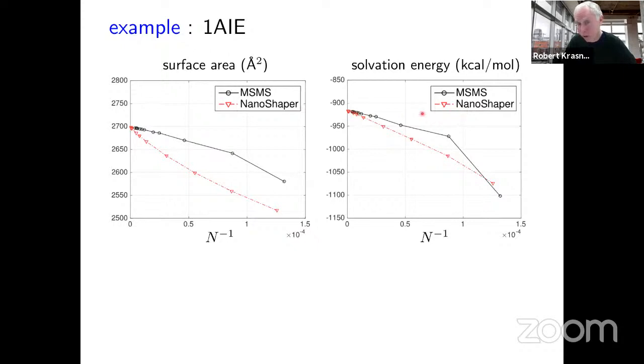So the red curve extends to more dense triangulations than MSMS. The other feature you see is that in general, the NanoShaper results are smoother. And so it means that the extrapolation is going to be, let's say, better. The wiggles that you see here make it a little more difficult to get a valid extrapolation. But that's only part of the story.